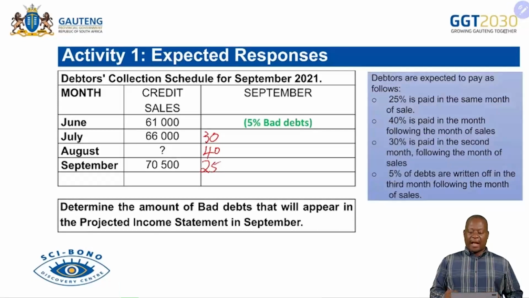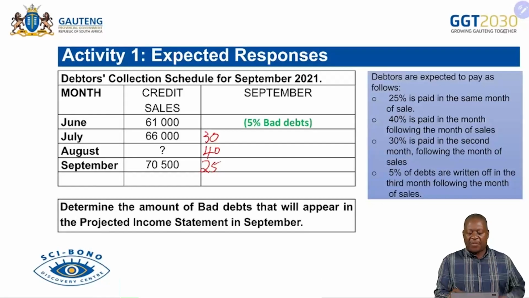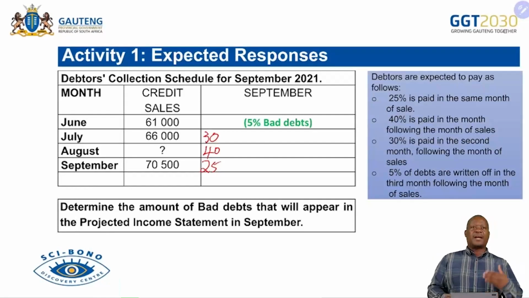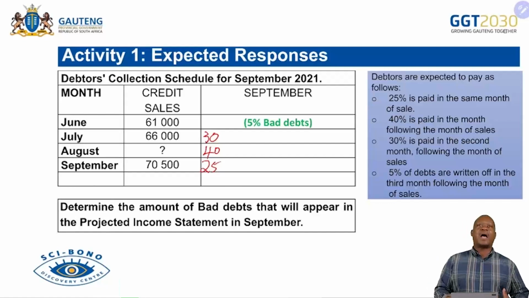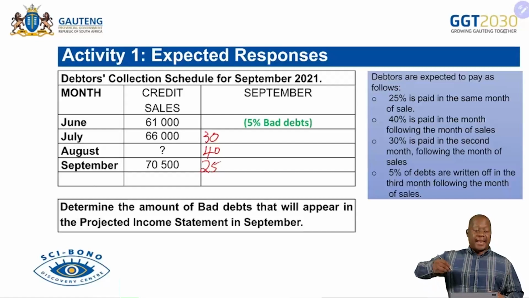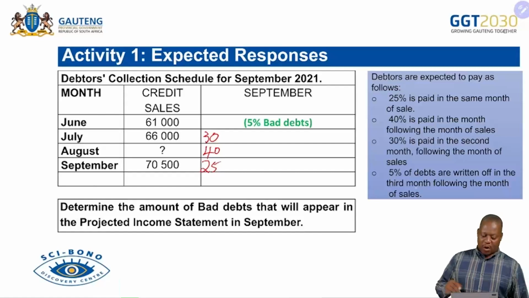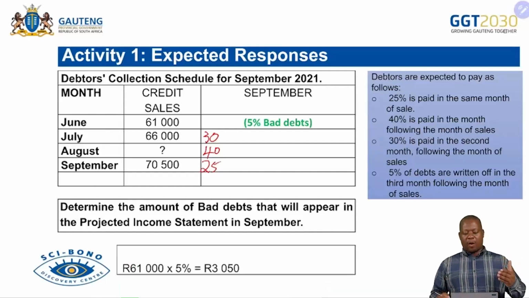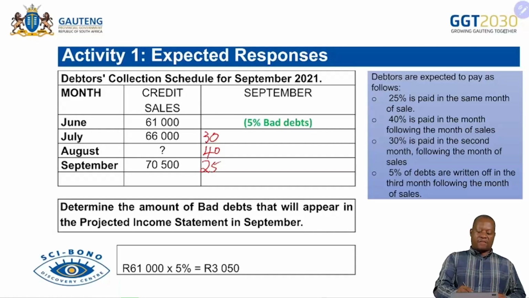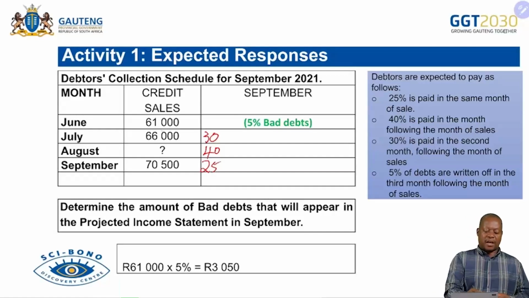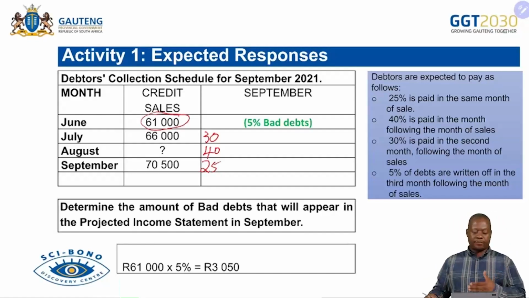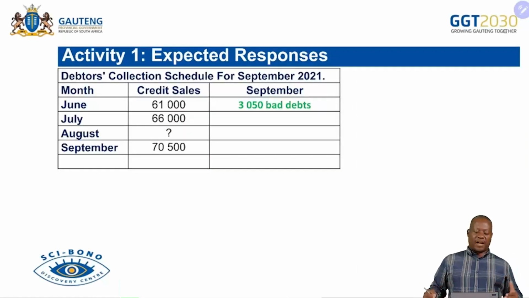Because we are told 5% will be written off in the third month, it means something that was bought in June, we are going to allow July to pass, August to pass, and then September, the third month, we are going to write off. Now, how much is the figure that is going to appear as bad debt? Simply the 5% of 61,000. 5% of the sales of June will be written off in September. That is the figure for bad debt.